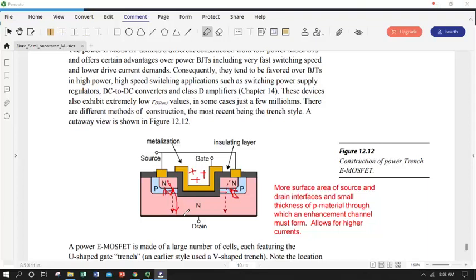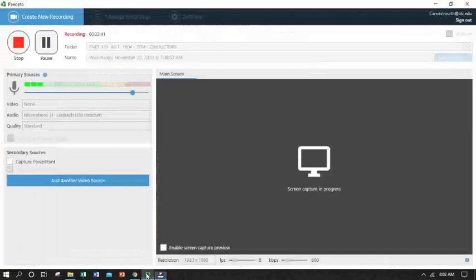So I would expect a device like this to have a much higher maximum current, but probably be a little bit less sensitive, and maybe have differences in threshold voltages as well to turn on and off. So that is it for our very brief coverage of MOSFETs as a second type of field effect transistor.